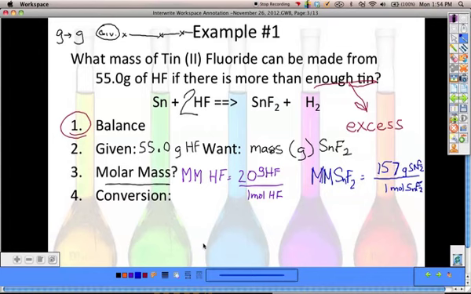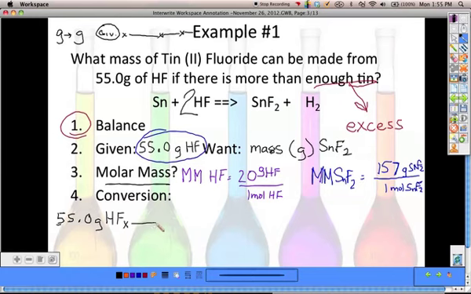Thank you. Okay. So I always start out with my given, which I identified up here, as 55.0 grams of HF. I know I don't want HF at the end, so I know I need to get to moles of HF.